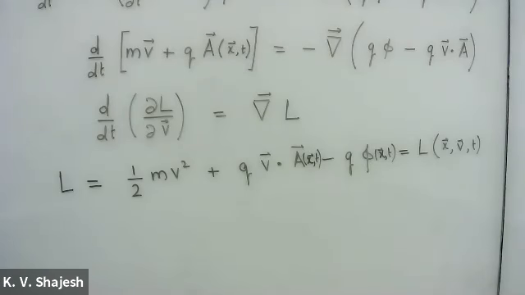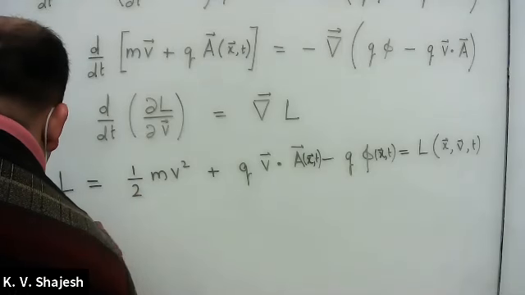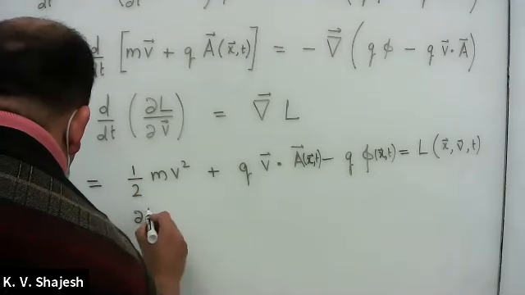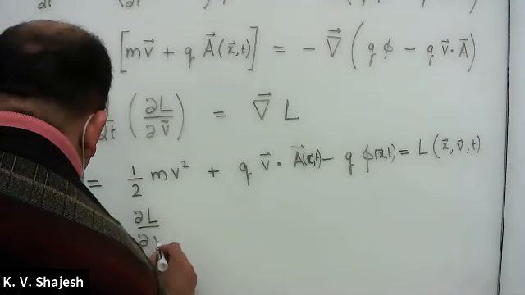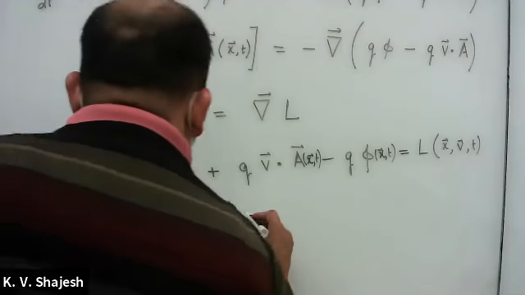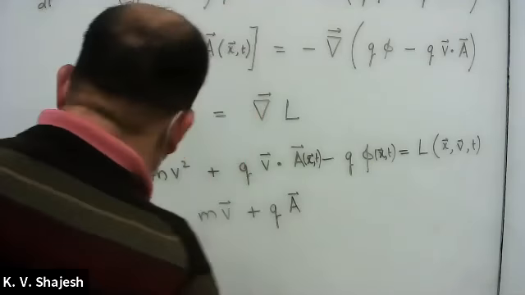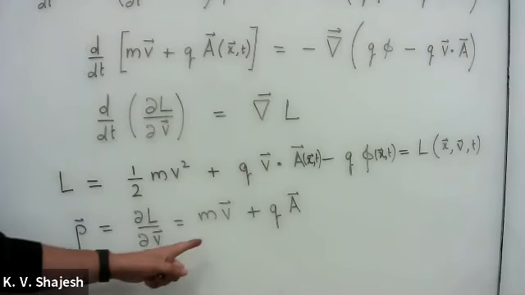Yes. Okay, so that's our Lagrangian, and momentum p would be the derivative with respect to velocity, which is mv plus q times A. Notice it is not mass times velocity, very different, right?